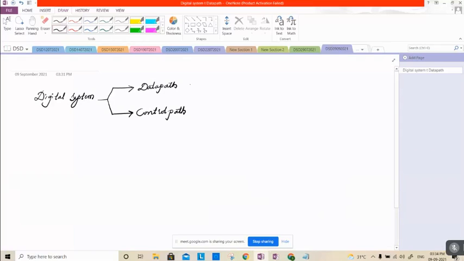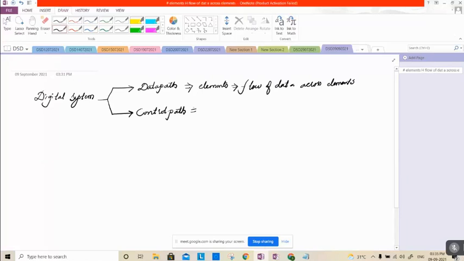The data path indicates the elements through which the data passes, the flow of data across the elements which are being used in that particular circuit.